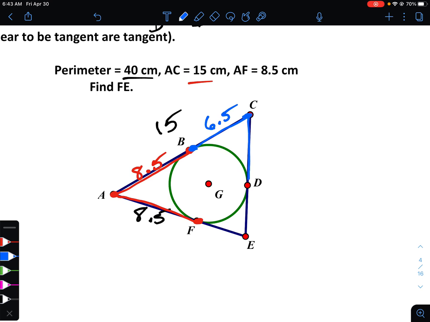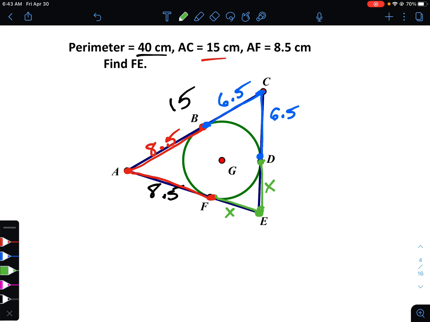That means that this distance right here, so again on the corners, they have to be equal, also has to be 6.5. So then what we don't know is what these two line segments are just yet. We don't know what FE is, and we don't know what DE is, but we do know that they're equal to each other. I'm just going to call those x.